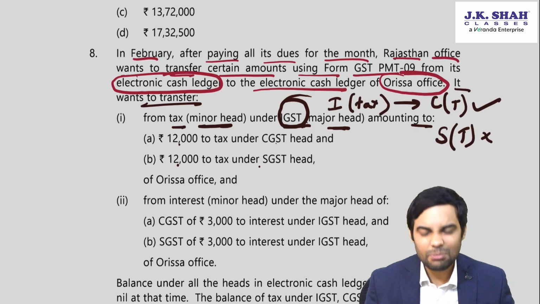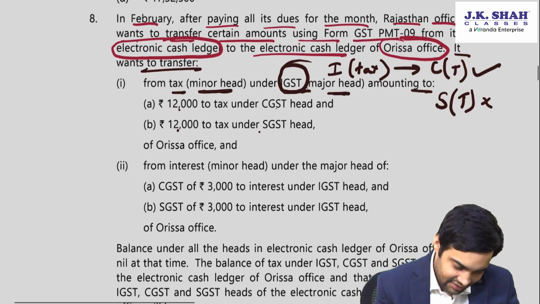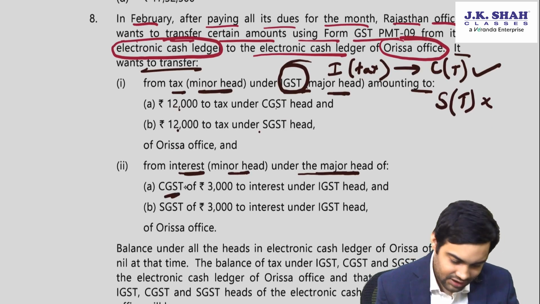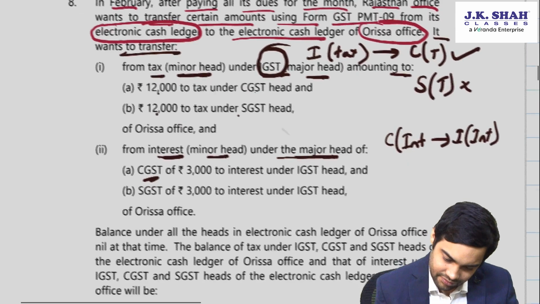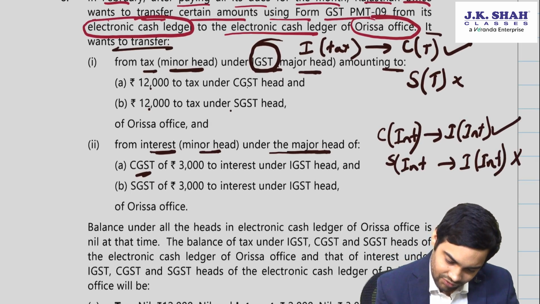S tax at present it's not there in the law. Then from interest minor head under the major head of CGST. Yes, from CGST interest you want to transfer to I interest. This is possible. But from SGST interest to I interest, they have not given flexibility as of now.